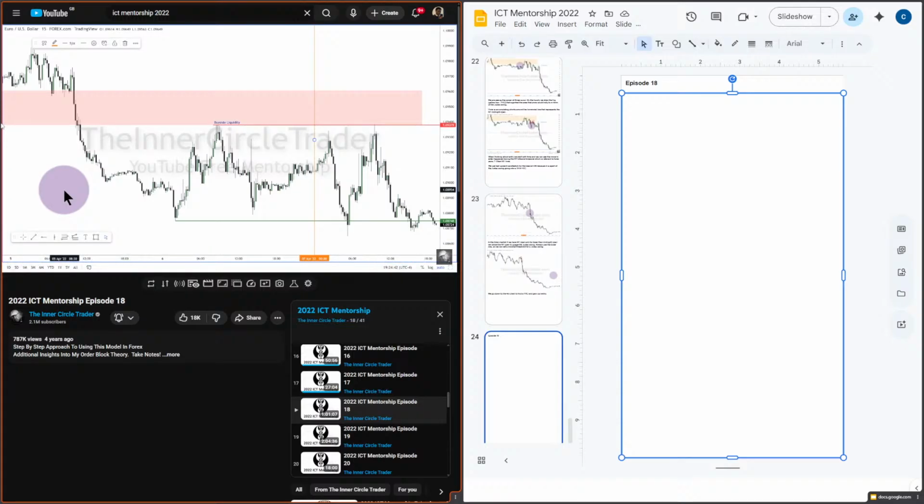We had an example: the fair value gap, price retraced into it before continuing down, and we're in a discount from the range of the low to the high, which signifies confluence, two confluences of price going back up into that fair value gap before coming back down.